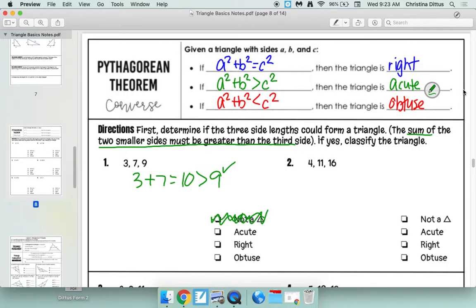So 3 squared plus 7 squared, and then we have 9 squared out by itself. I don't know if it's equal or anything, so I just leave a space. Punch in your calculator: 3 squared plus 7 squared, 58. And your 9 squared is 81. So which one's bigger? 81. So 1 is bigger than the 2. What kind of triangle is it? Obtuse.